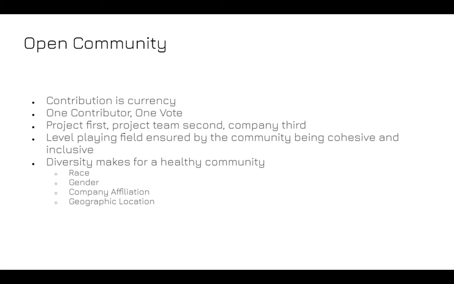So if you can trust that everybody is putting OpenStack first, and then their individual service, and then company after that, you're on a level playing field, and it makes it much more open and inclusive. So a level playing field is ensured by the community being cohesive and inclusive and being able to trust one another, which is hard, but that's why we're all here, because we like trust in this particular software.